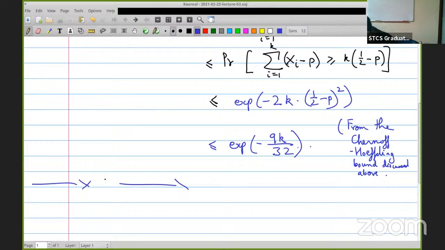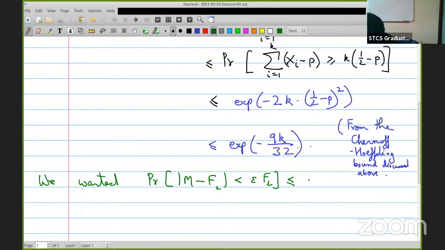Our goal was to drive this probability. So we wanted the probability that m is bad, that m minus f. Our final estimator is m, right? That median. So the probability that this is greater than epsilon f2 is less than delta.